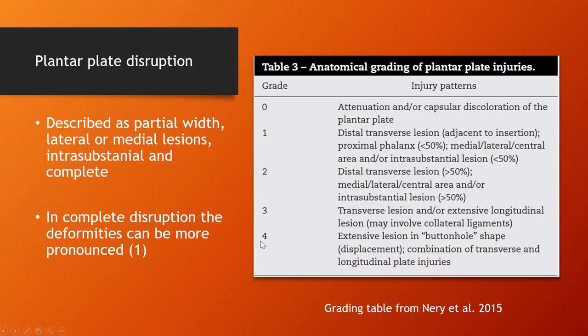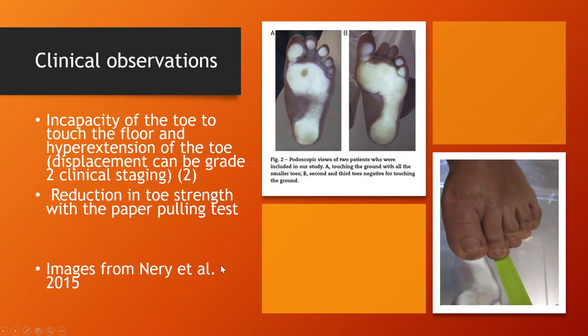And the more severe the tear becomes, we're more likely to see toe deformities. So always look at your toes, look to see whether they're deviating towards another or there's a wide space between two of the toes, because that can be a sign as well.